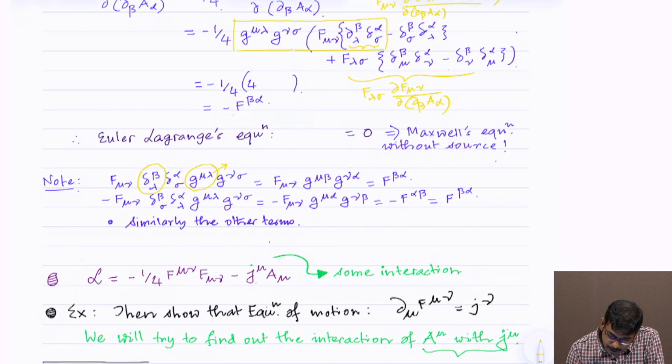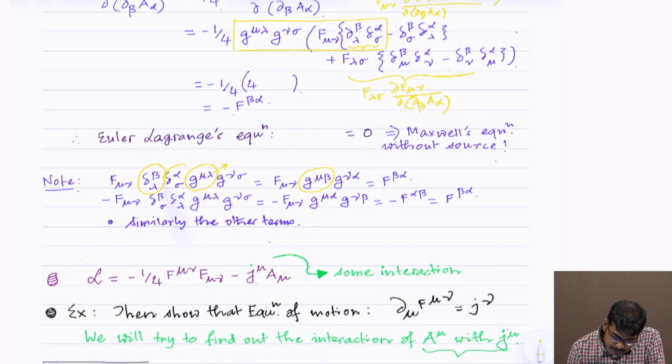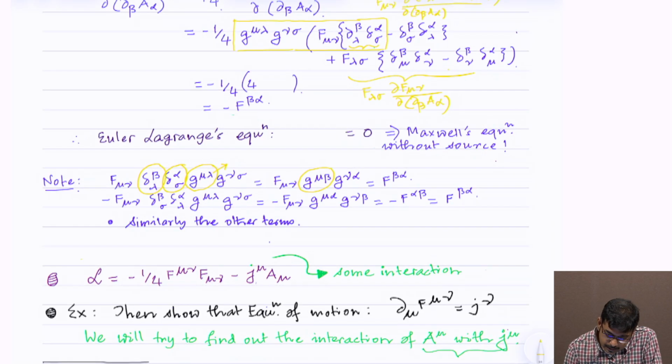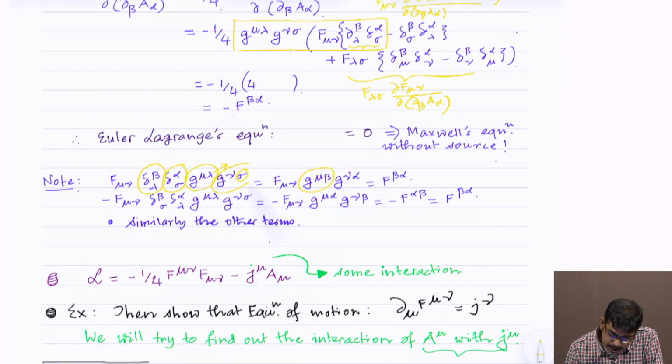So this g mu lambda becomes g mu beta, and similarly this Kronecker delta of alpha sigma imposes that this sigma must be replaced by alpha.